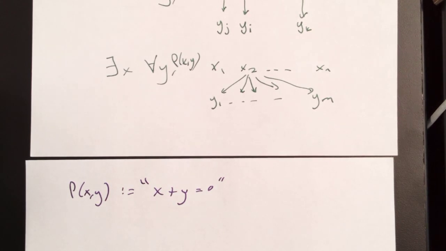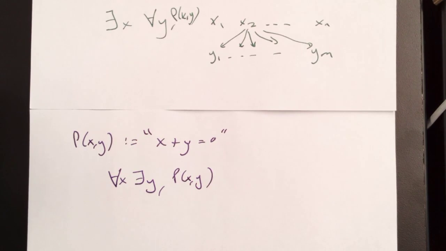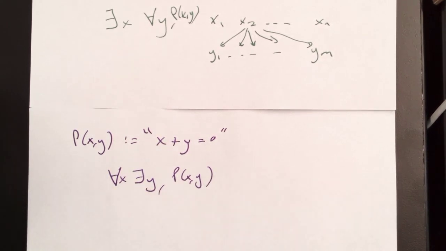So if I say this, then I'm asking for every single individual x, can you find a y where when you add those two things, you get 0? We already went through, like, you pick 12, then the y that goes with it is negative 12. You pick 1.3, the y that goes with it is negative 1.3. You pick negative square root of 7, then the number that goes with it is positive square root of 7, right? No matter what x you start with, you can find some y to make it work.